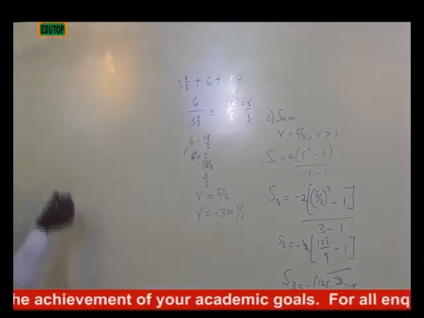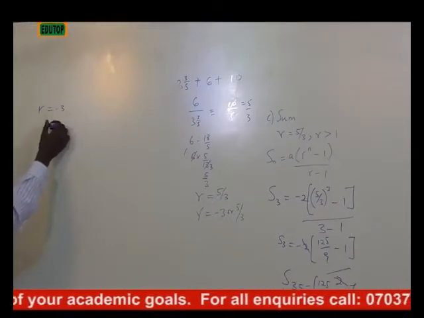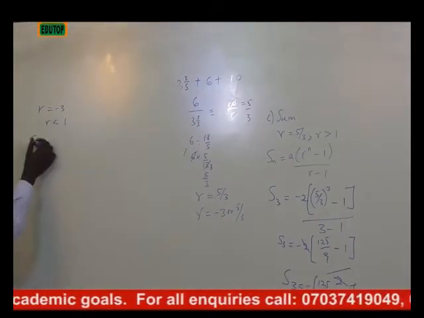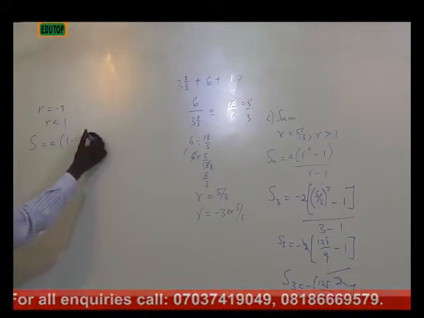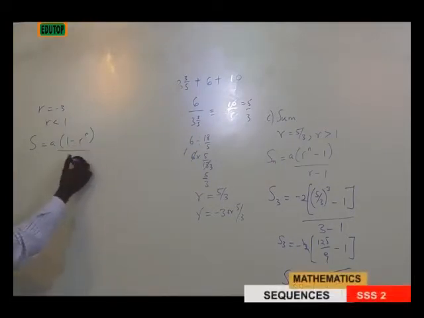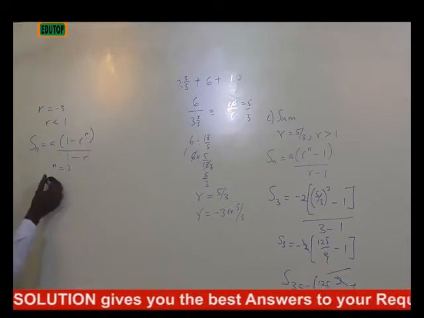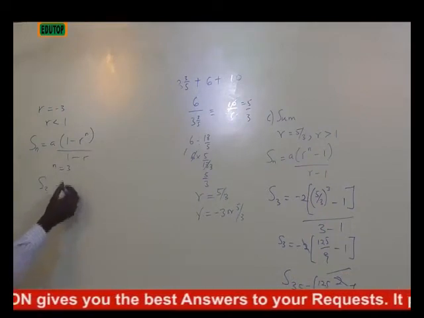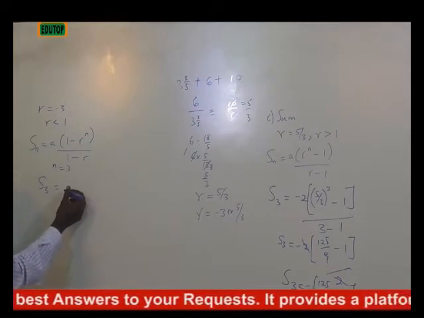In the second case, where R is now equal to -3, here R is less than 1, so we use A times 1 minus R raised to power n over 1 minus R. Here we have 3 terms. Automatically S3 will now be equal to A. What is our A?